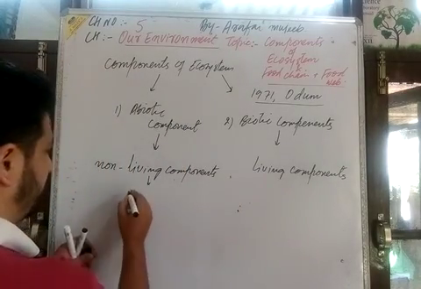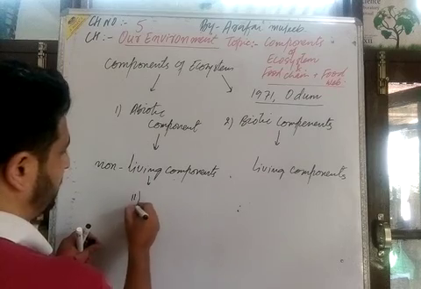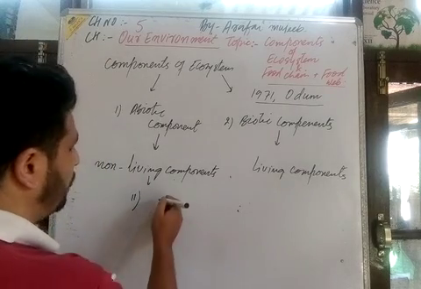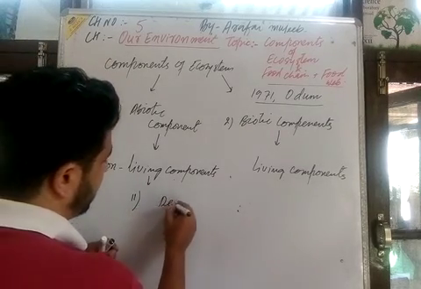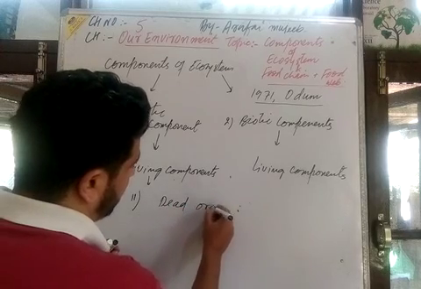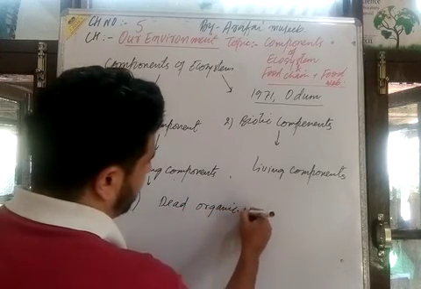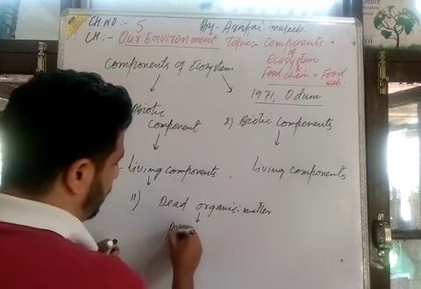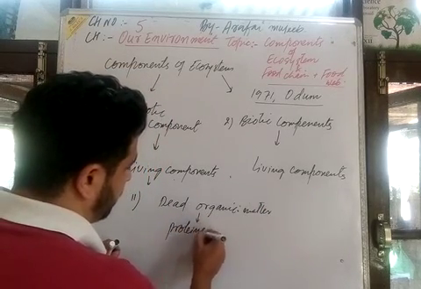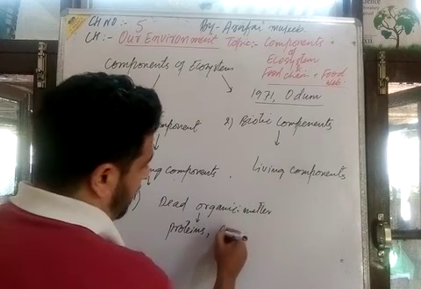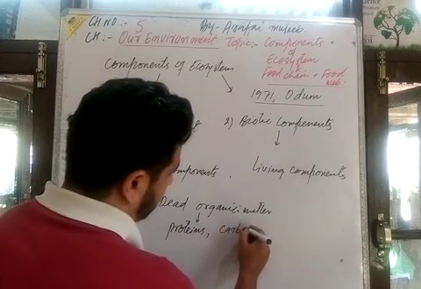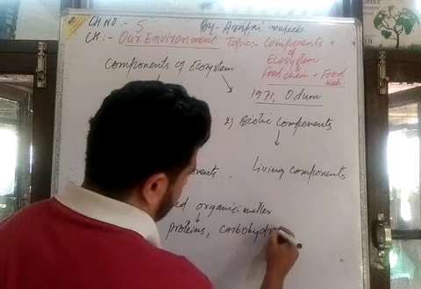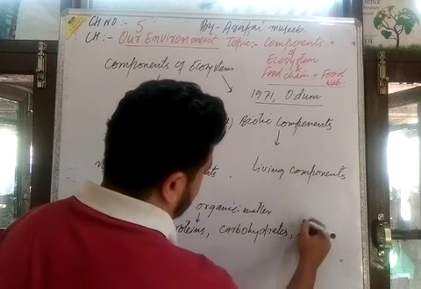Second, dear students, here is the second component I would like to mention. तो आपको पता है dead organic matter, it is composed of proteins, it is composed of carbohydrates, it is composed of fats.